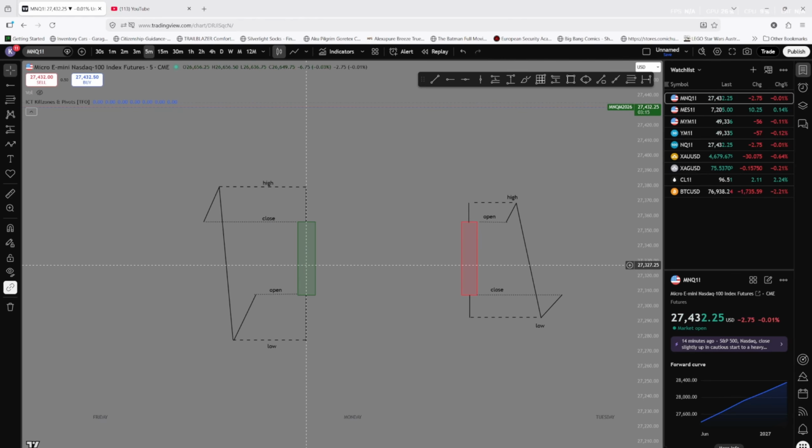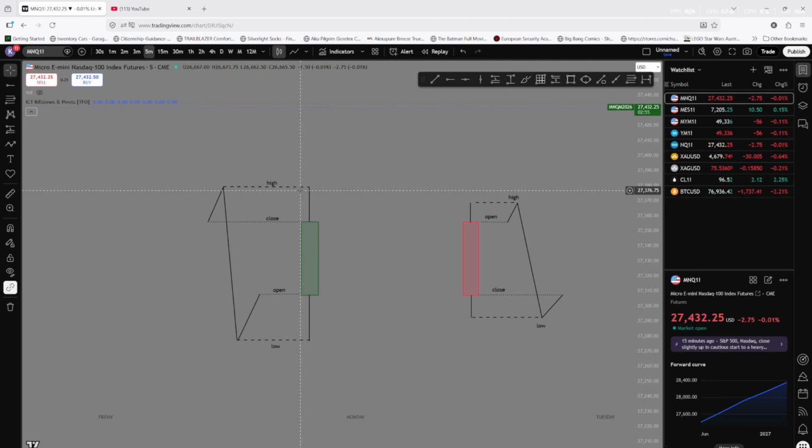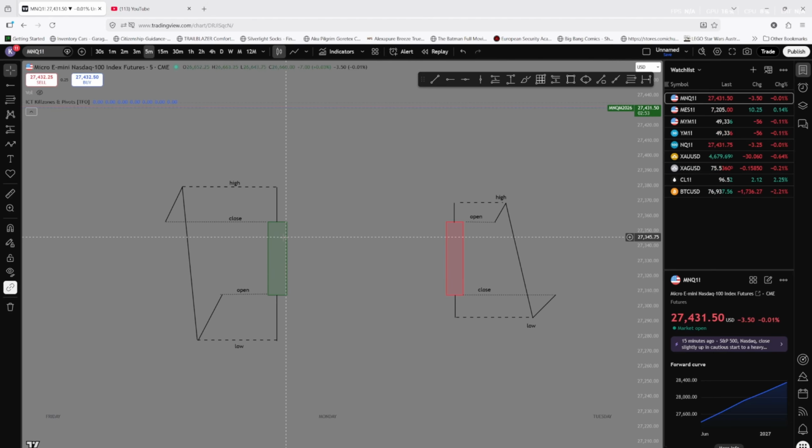So, a bullish candle, where the price is moving up. Price opens at the bottom, then moves down to make a low. The wick will show you how far price got pushed down. The price will then move up, and again this wick will show you how far the price got pushed up in that period of time, where at the end of that time frame it will be finalized and the candlestick will close here at the top.